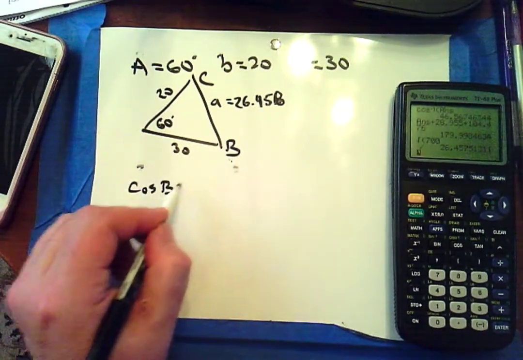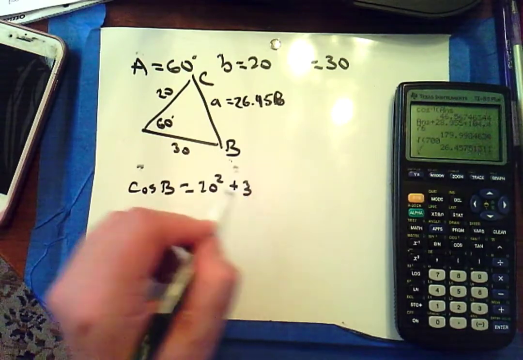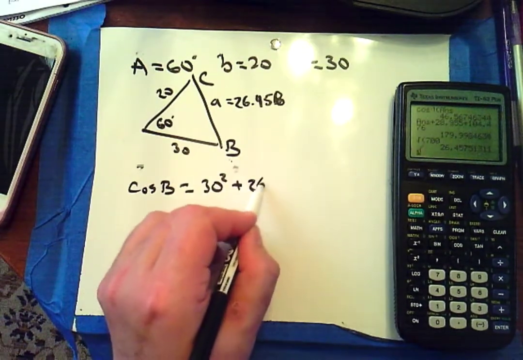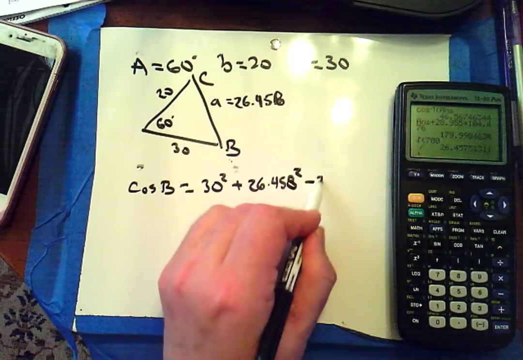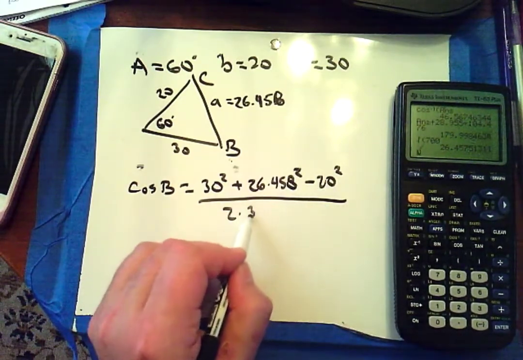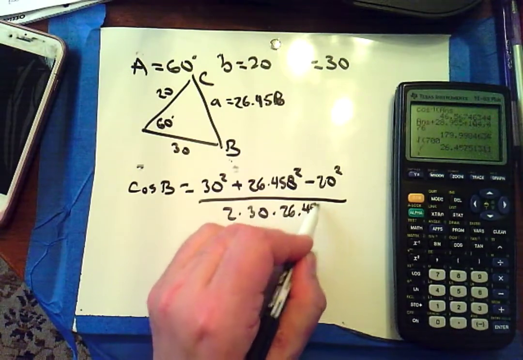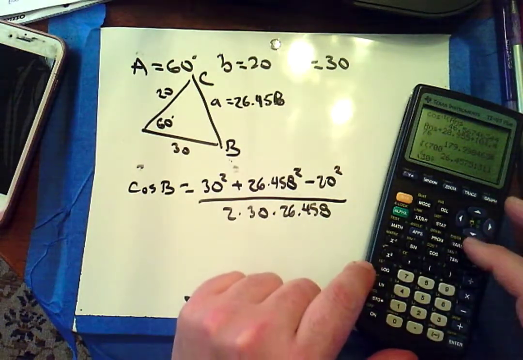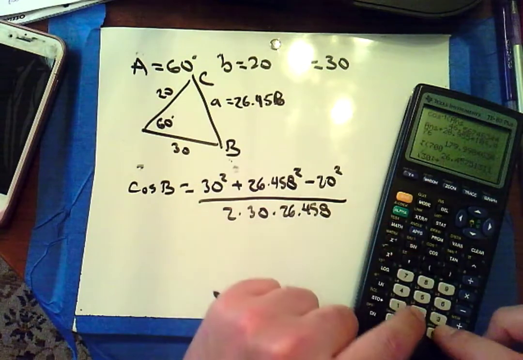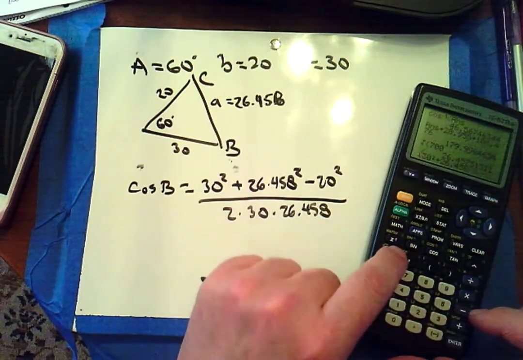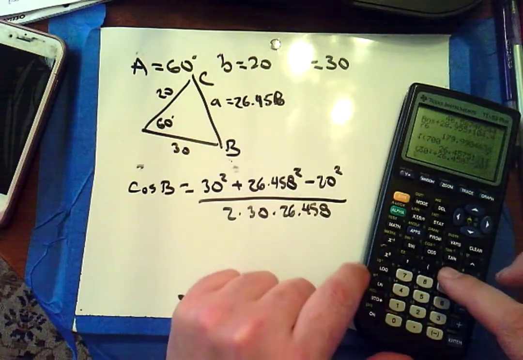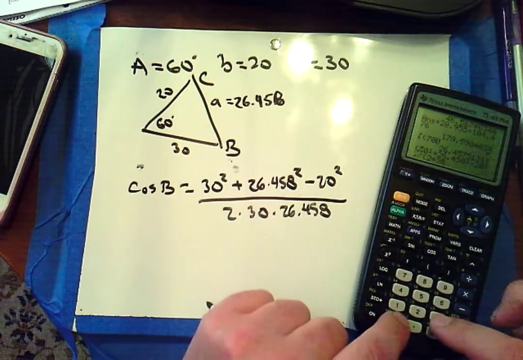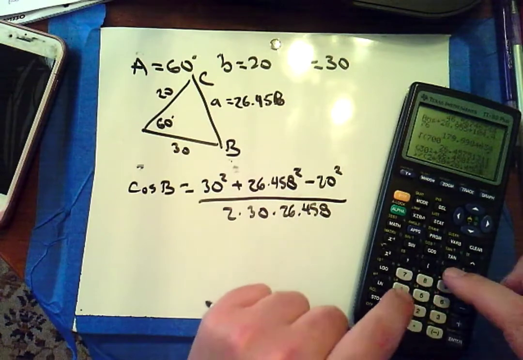So I'll say cosine of B equals 30 squared plus 26.458 squared minus 20 squared, all of that in parentheses, divided by parentheses 2 times 30 times 26.458.